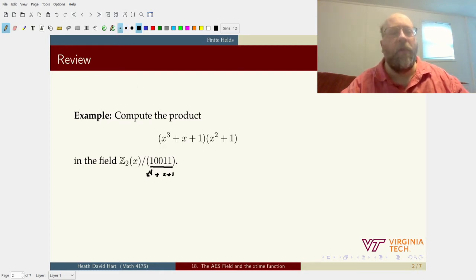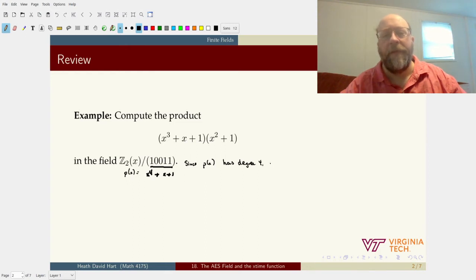Let's call this polynomial p of x. Since p of x is fourth degree, the only values that are in this field have degree 3 or less.